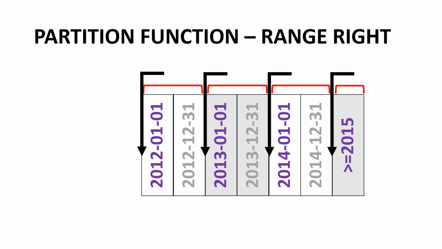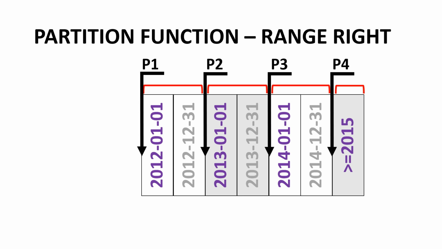Maybe because you are defining the value that is on the right side of whatever boundary point is split there, like here, you're in between two partitions, right? And you're defining a boundary value that's on the right side. Maybe that's why they thought of it like that. But for me, it's simpler just to remember that in range right you're only defining the minimum value for that partition.